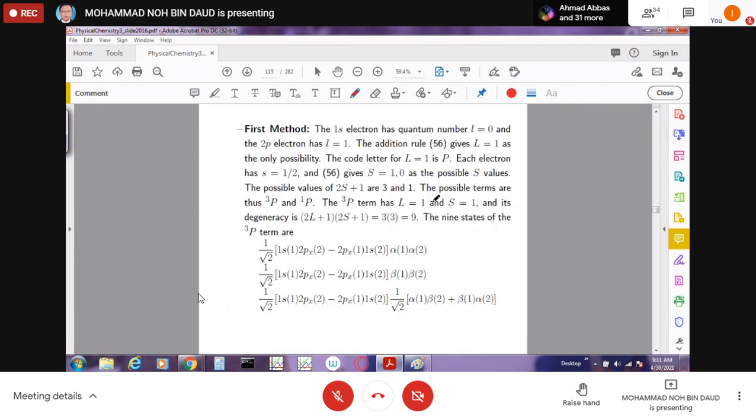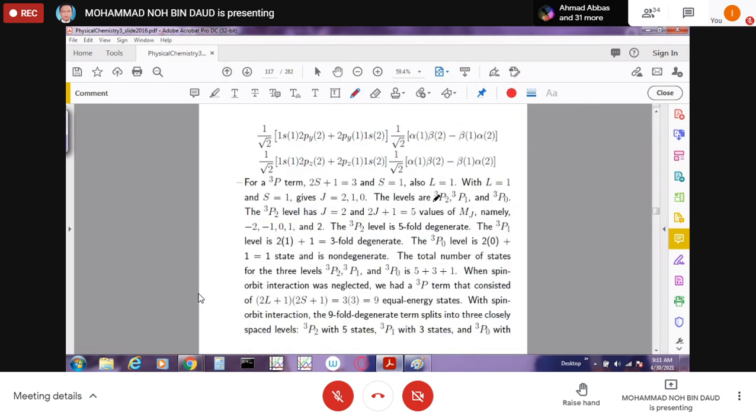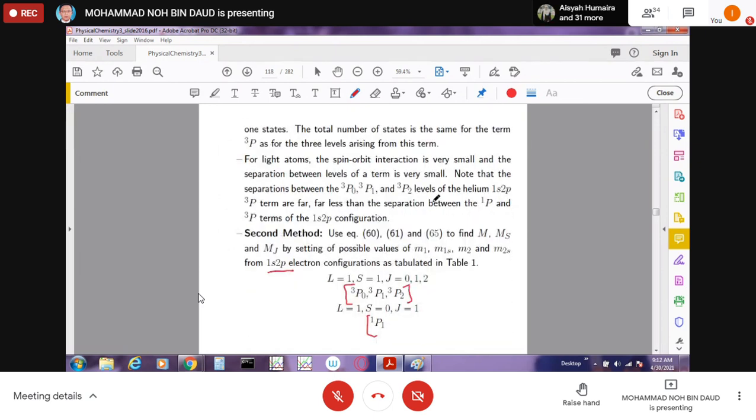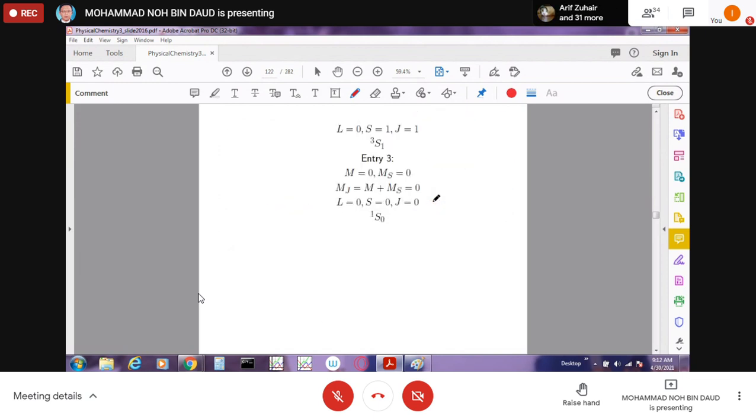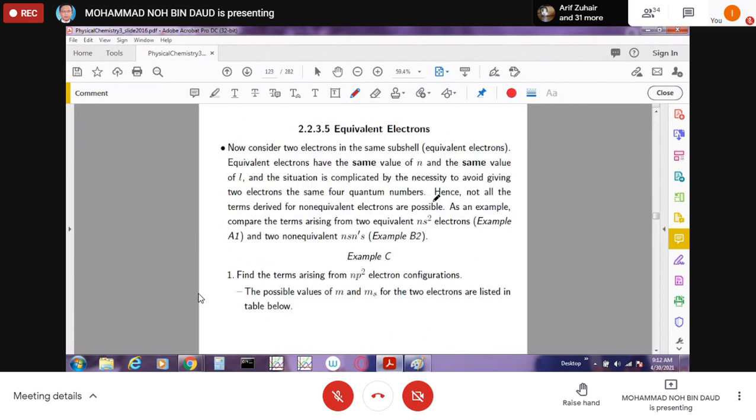The last one here, already introduced, okay, the equivalent electrons like 1s2, 2p6. We can also have another example here, the np2 electron.